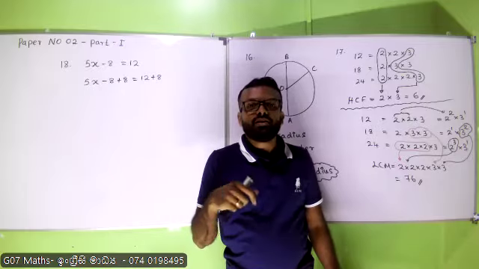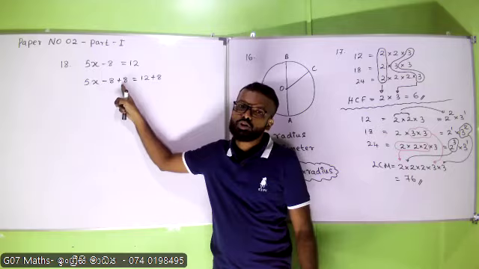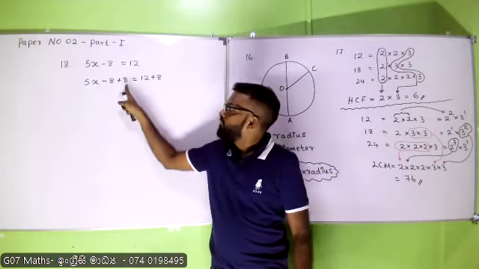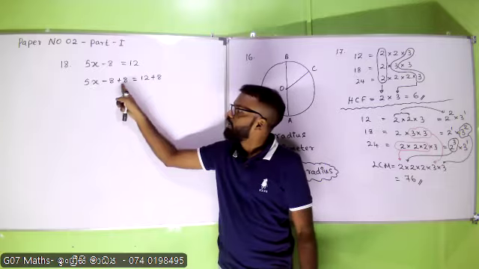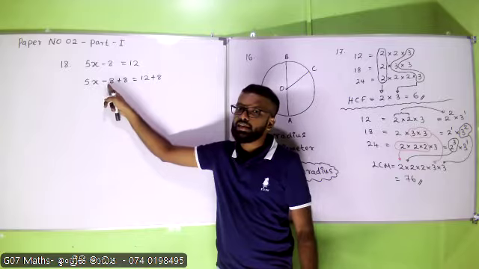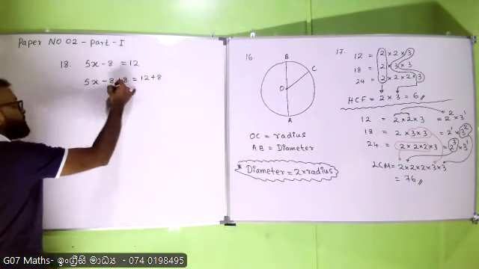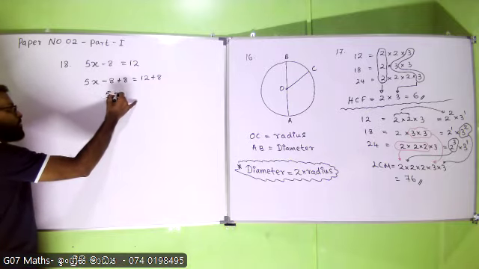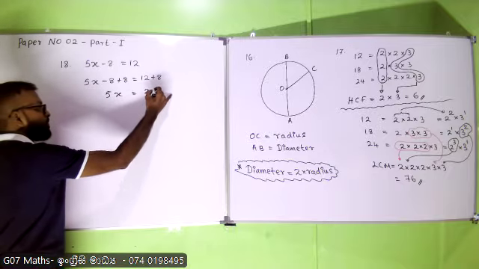Minus means taking 8, positive means giving. Giving 8 and taking 8 back is 0. So on my left hand side, I have 5x only. 5x equals 12 plus 8, which is 20.